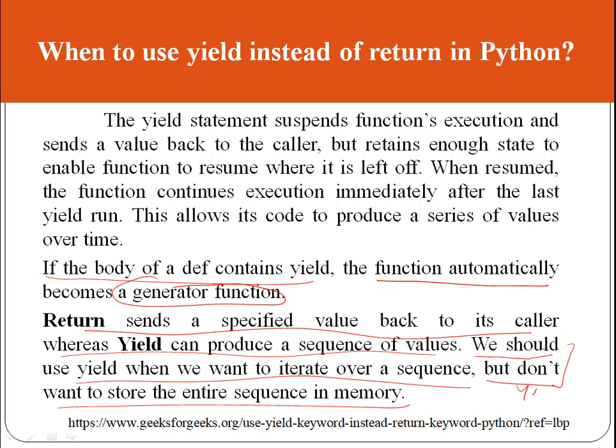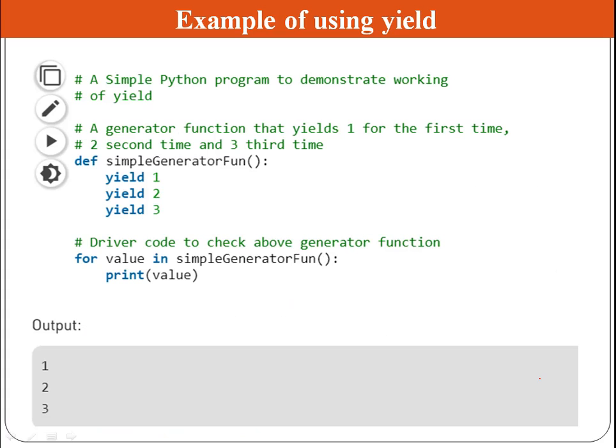This is a generator function, because now this function becomes a generator. It is a generator function that yields 1 for the first time, 2 for the second time, and 3 for the third time. So def simple generator function with no parameters: yield 1, yield 2, yield 3. Basically this is the replacement of return, right?